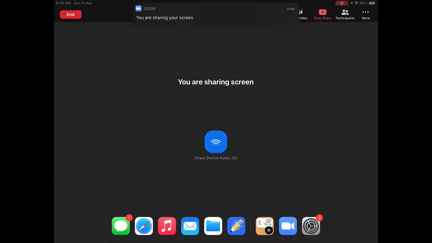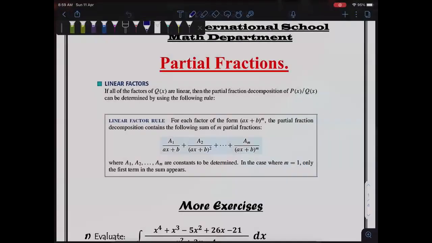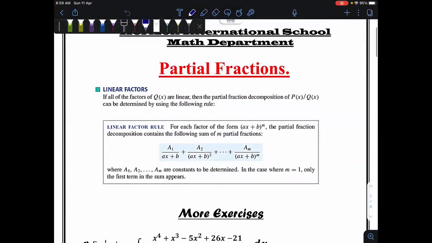Partial fraction decomposition, right? Okay, here is partial fraction decomposition. It's a very, very important topic, guys.